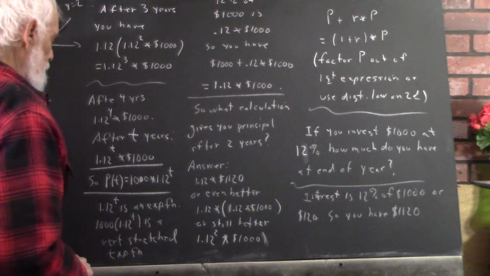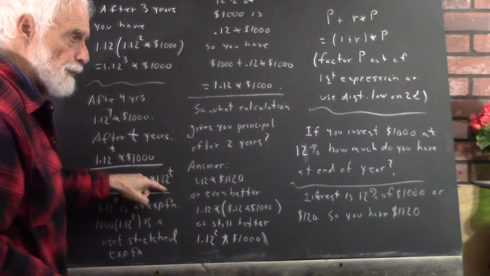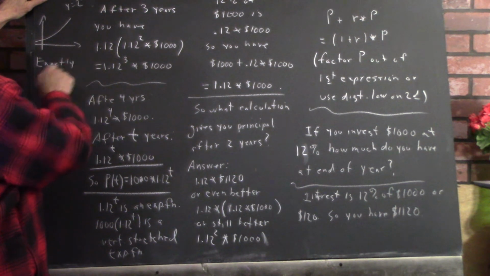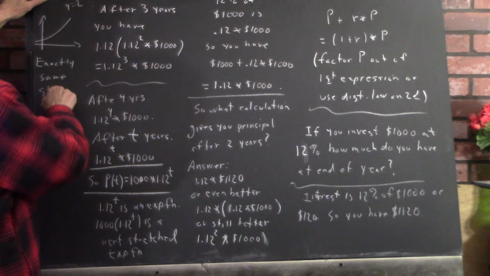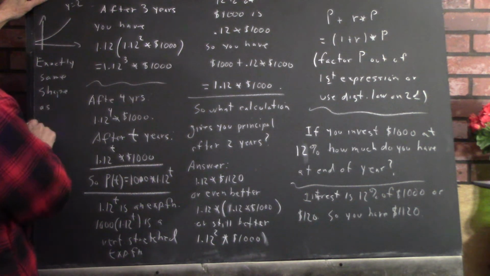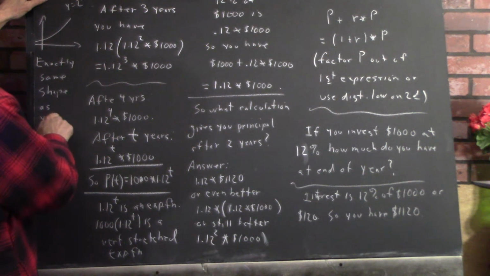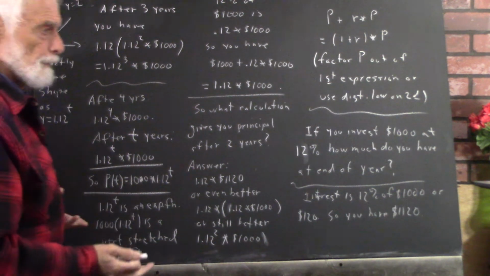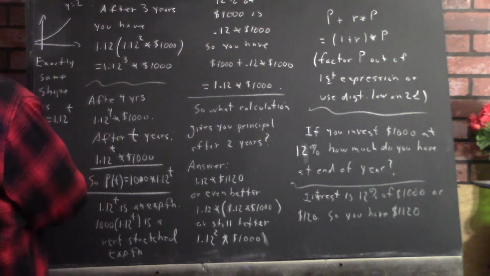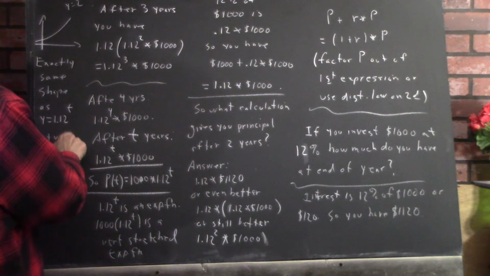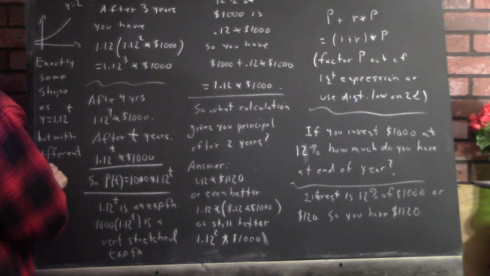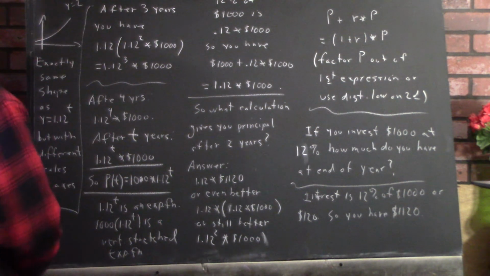It has exactly the same shape as $1,000 times 1.12 to the t, but with different scales on your axes.